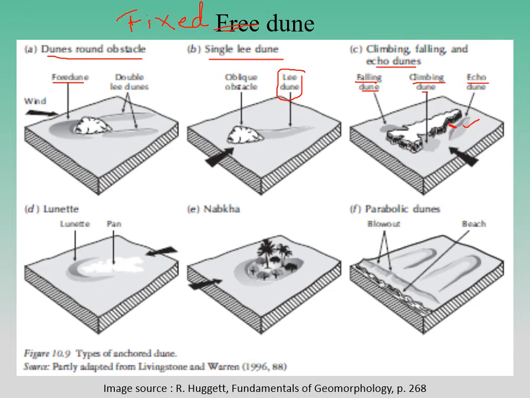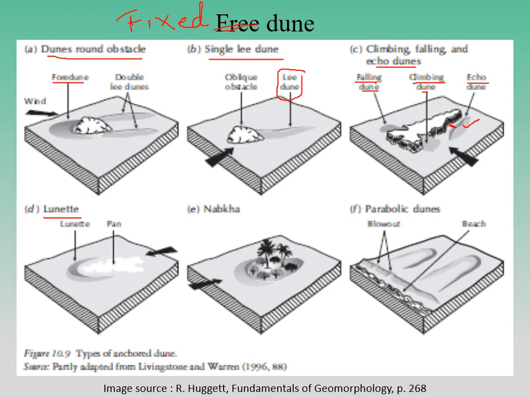The fourth type is known as lunate dune. When there is a little wet surface having some moisture, having some water in the ground, then wind deposition or sand deposition from the moving air occurs around the wet surface. These kinds of dunes are known as lunate dunes.